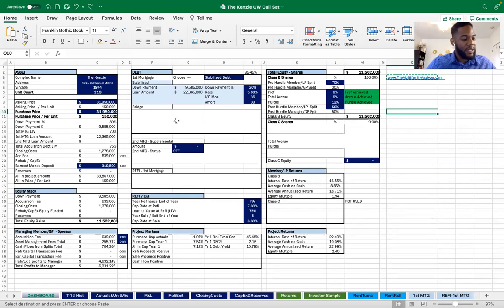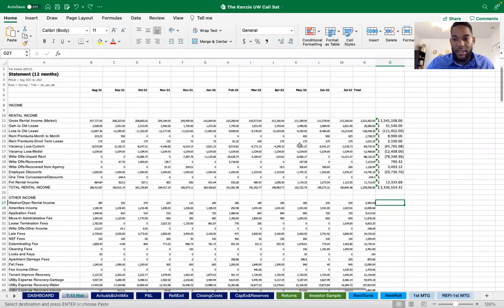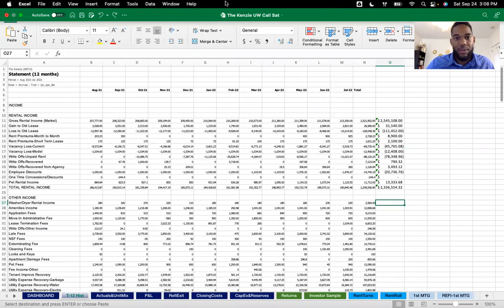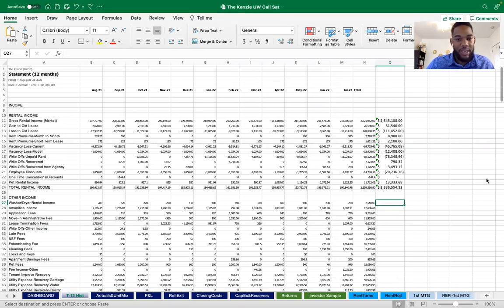On the session, first we'll be going through the T12, and then from there we'll be looking at the offering memorandum the broker provided to make some assumptions about what it would need to look like for us to make a profit on the deal. So we'll just hop in on the T12. I just uploaded the T12 directly to the underwriting tool to make it a little bit easier for us.